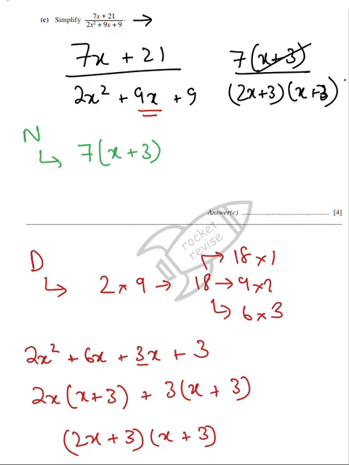Will the numerator x plus 3 and the denominator x plus 3 cut each other off? They definitely will. This will be 7 over 2x plus 3. Done? Great. Yes, this is the simplified version.